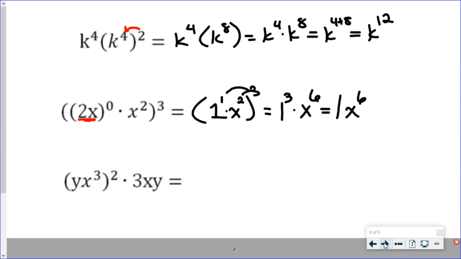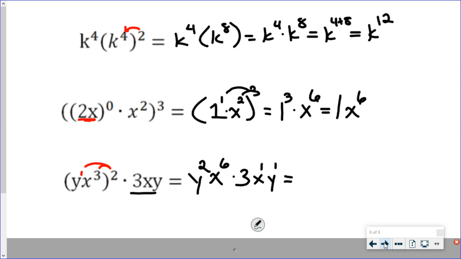So again, anywhere that I see a power to a power, I write a 1, so I don't forget to distribute it. So this becomes y to the power of 2, x to the power of 6. And then this isn't a power to a power, so I'm just going to copy that down, but I'm going to remember to put those y's there.